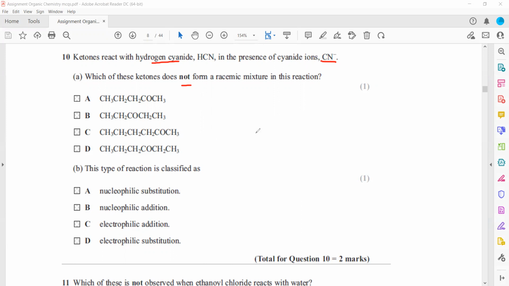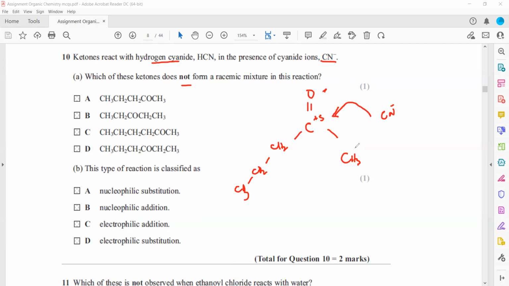So when we check how the reaction proceeds, if we take the first ketone, option A, this will be C double bonded with O, and one side is having CH3, the other side is having CH2, CH2, CH3. So it is trigonal planar. As a result, CN will attack the partial positive carbon, a nucleophilic addition reaction.